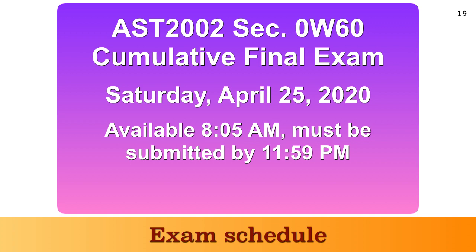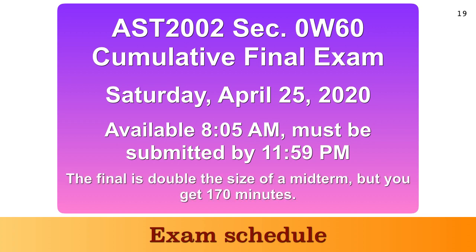If you're on a sports team, you got to get this stuff done. You got to coordinate with your academic advisor, right? Now the final is double the size of a midterm, as I mentioned, and you get 170 minutes for it. But you've got to schedule it. You've got to be there. You cannot drop it.